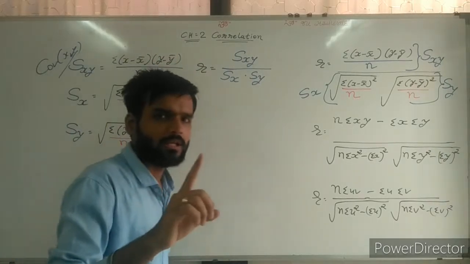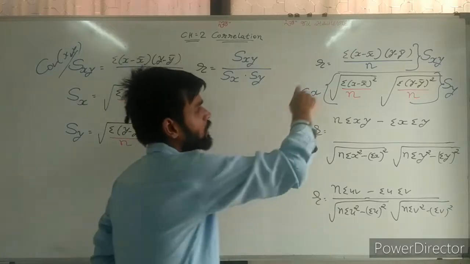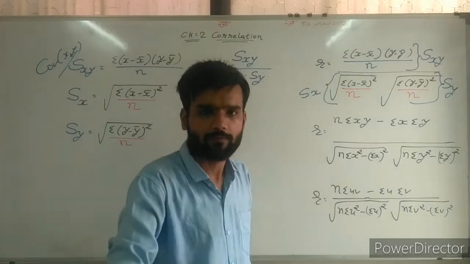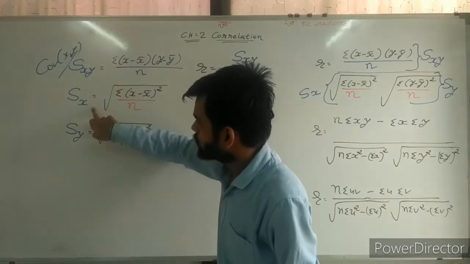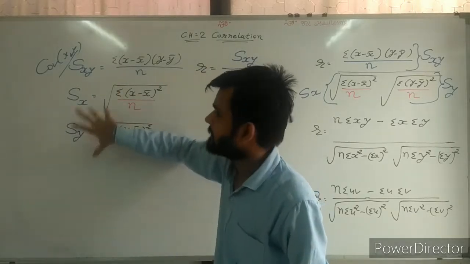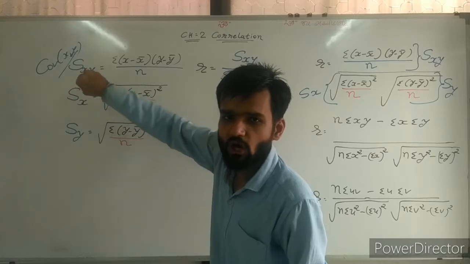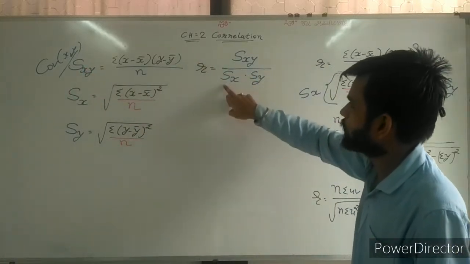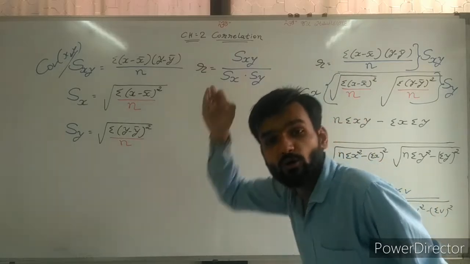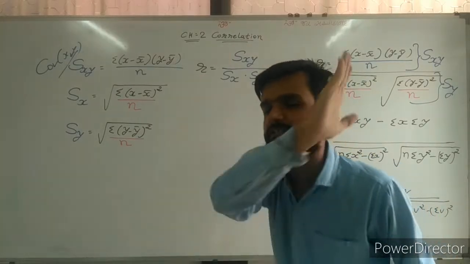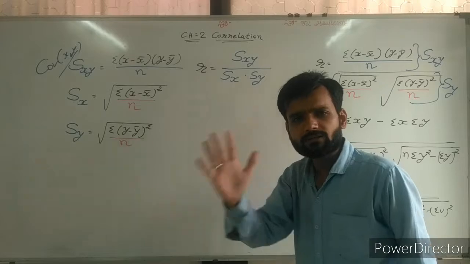So sir, I can say on the basis of one formula, I have made four formulas. 1, 2, 3, and by making a combination of this, Sxy upon Sx into Sy, we are getting the value of R, correlation coefficient, most IMPQ.